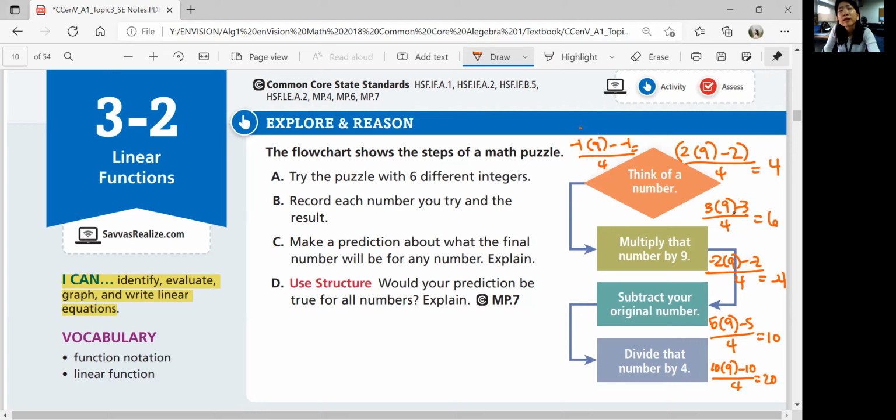And so negative 9 plus 1 is negative 8, divided by 4 is negative 2. Then you're going to make a prediction about what the final number will be for any number. Do you see any patterns?